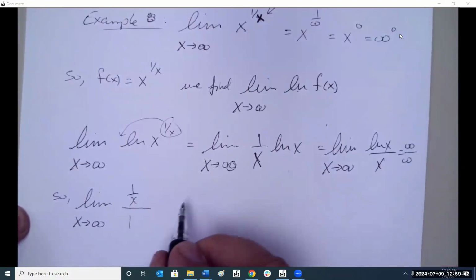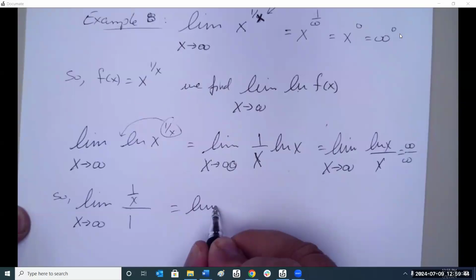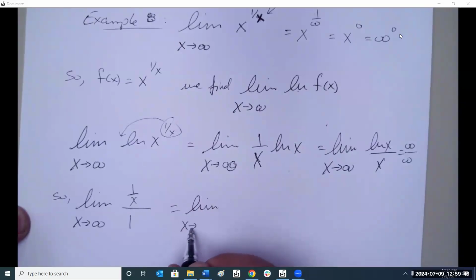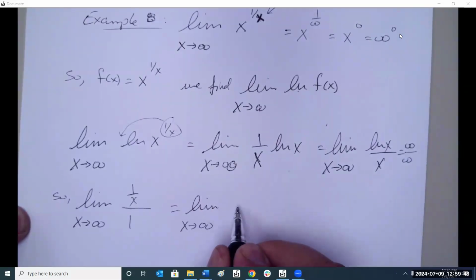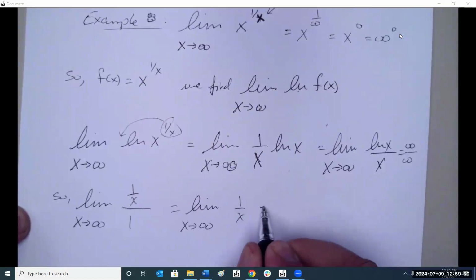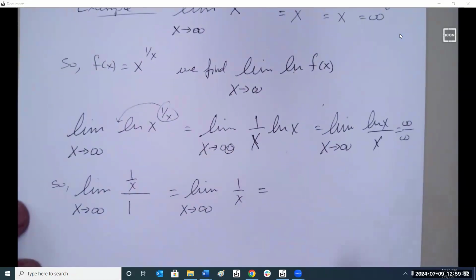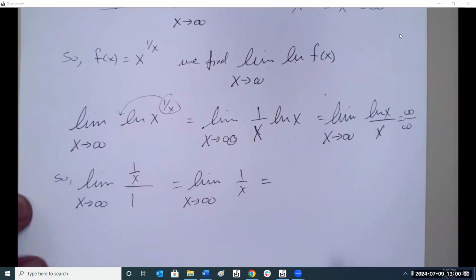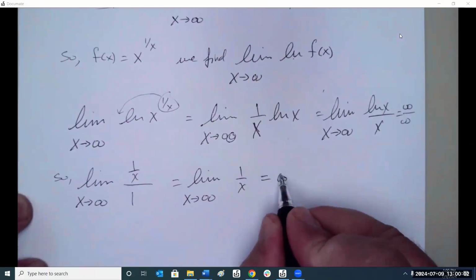Derivative of x is 1. So the limit as x goes to infinity of 1 over x becomes what? Zero.